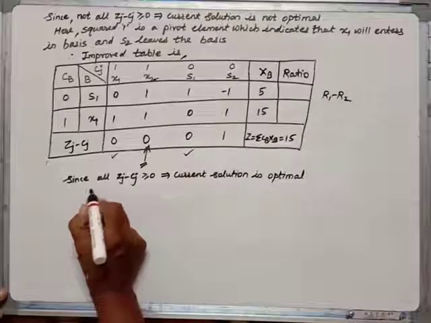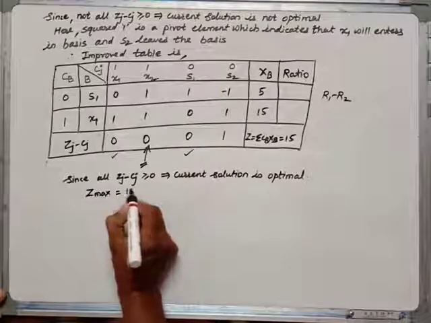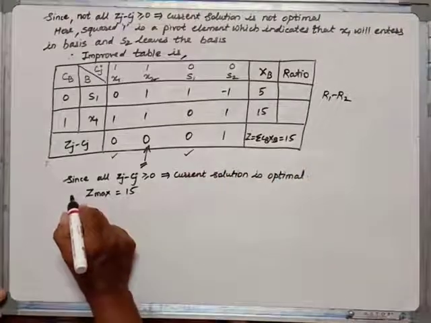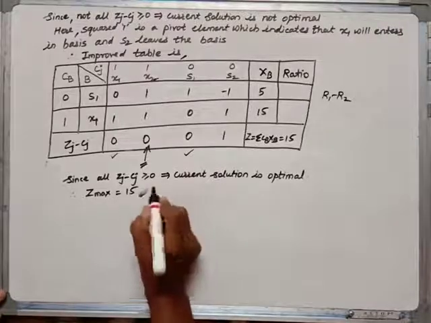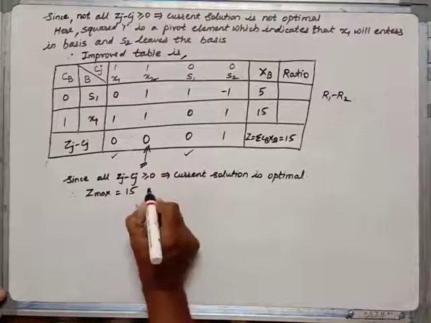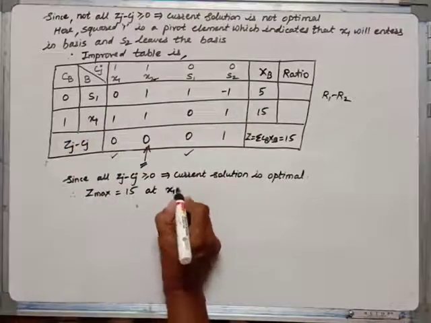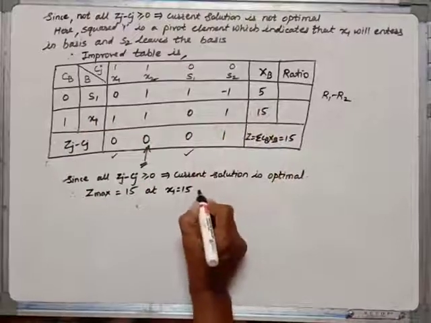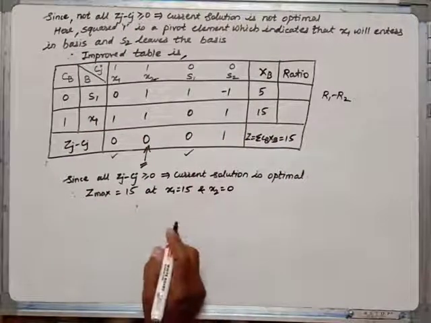And what is the solution? We will write Z max is equal to 15. Z max is 15. With x1 equal to 15. But x2 is not here, so x2 is equal to 0.